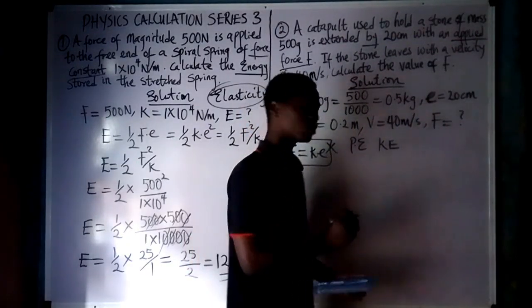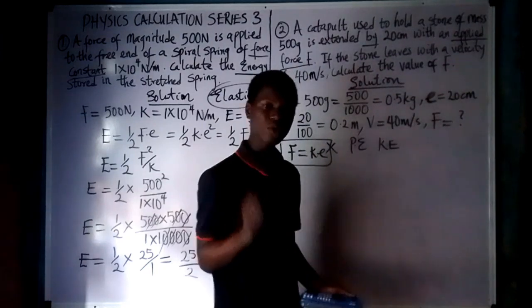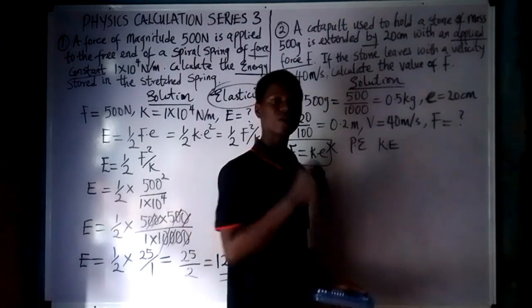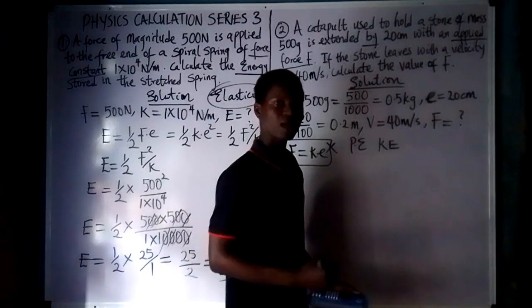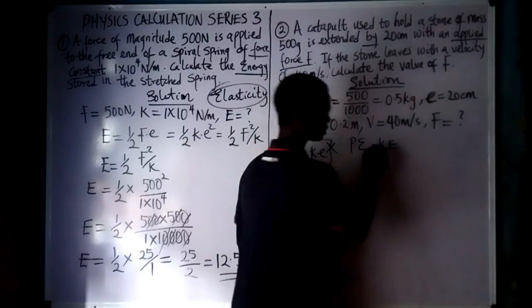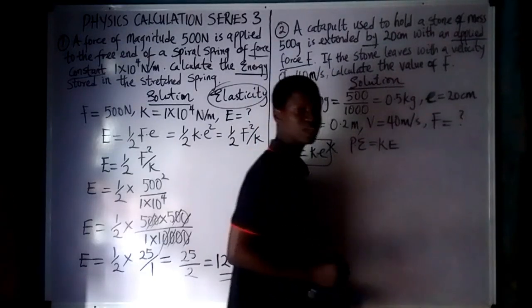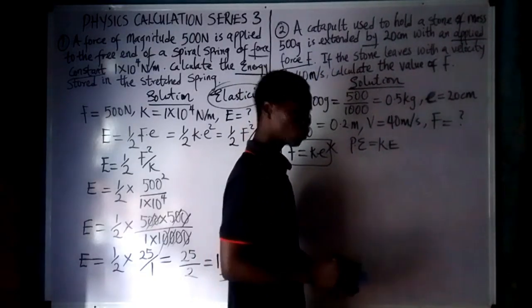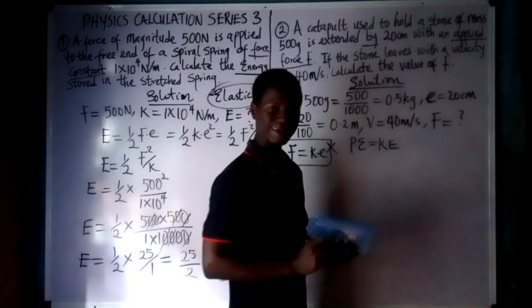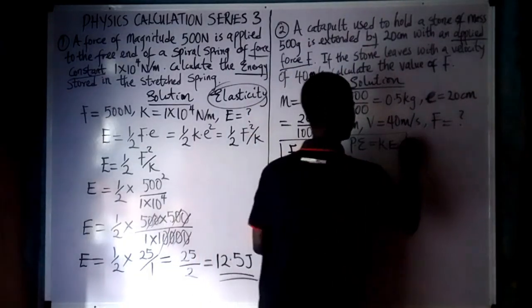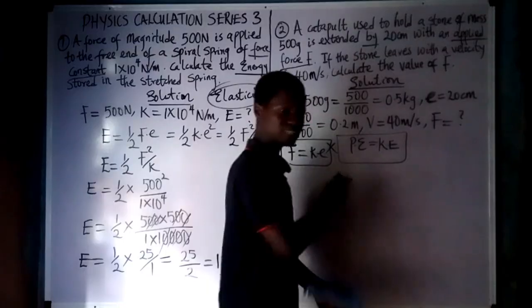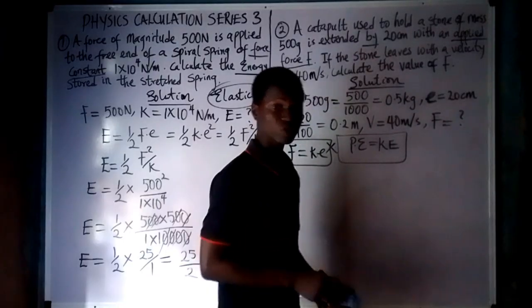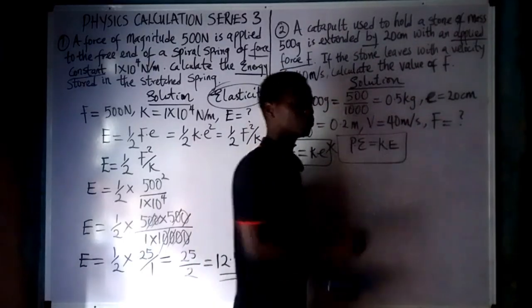And there's a law in physics that governs this. That law is called the law of conservation of energy, and it simply states that the total potential energy is equal to the total kinetic energy. That brings us to this very formula that we are going to use to solve the question, because it defines the scenario here.